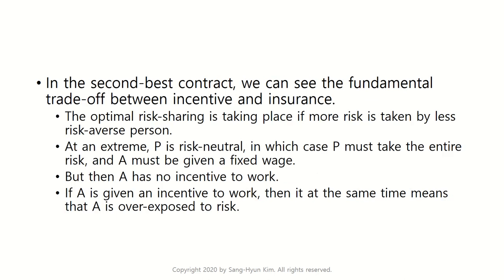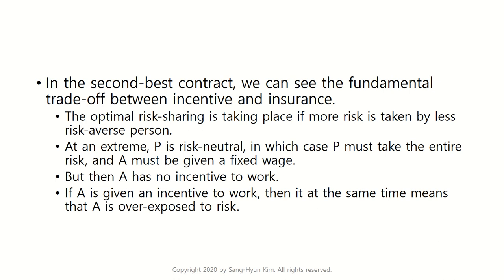So in the second best contract, you can see the fundamental trade-off between incentive and insurance. The optimal risk sharing takes place if more risk is taken by the less risk-averse person. At an extreme, the principal is risk neutral, in which case the principal must take the entire risk and the agent must be given a fixed wage.